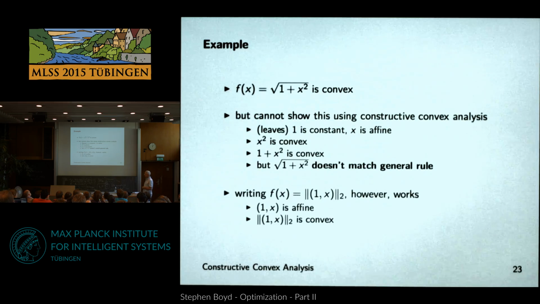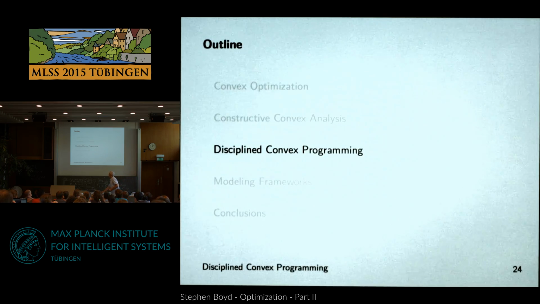Let me make very clear what the point of constructive convex analysis is. It is not to determine if a function is convex. It is to give you a set of tools that allows you to construct a subset of functions that are convex, with very simple proofs that those functions are convex or concave. That's the point.